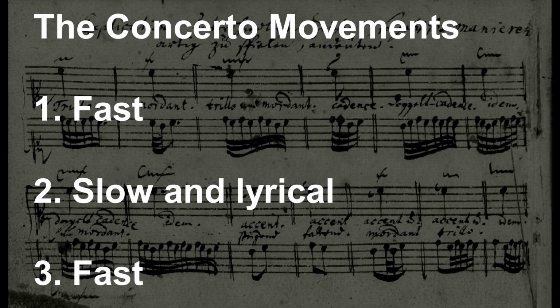And those movements had special characteristics. So for the concerto, the first movement would always be fast. The second movement would always be slow and lyrical, and the third movement, again, would be fast. The most detail you're going to have to go into on this would be having a question, and let's say it's slow and it's a concerto.